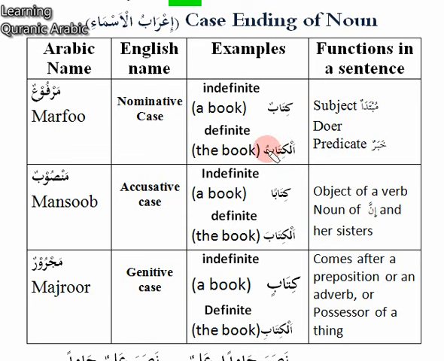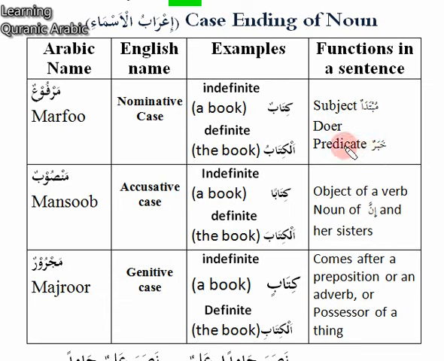So if we have single damma or tanween damma or two dammas, then the noun is in which case? It's marfu. When can the noun be marfu? When it is a subject in a sentence, or it's a doer of an action in a sentence, or it's a predicate in a sentence.